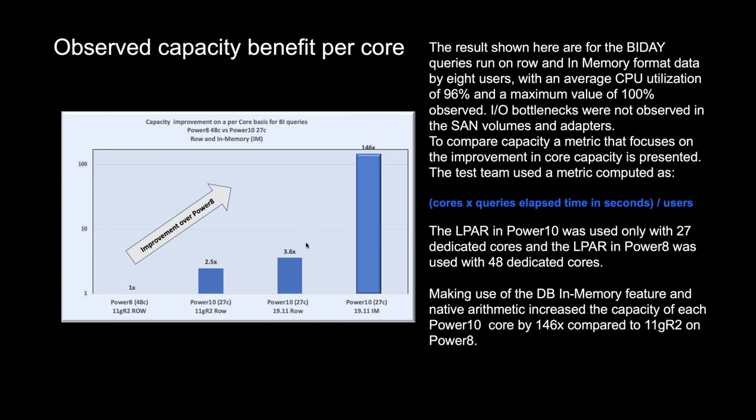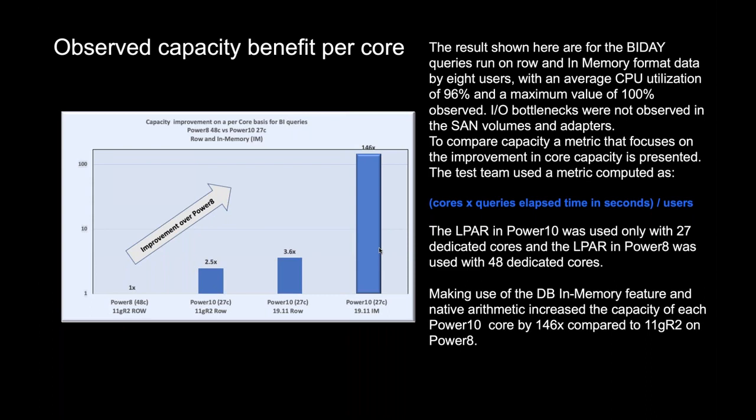And then finally, the very substantial benefit of moving to 19C was the ability to use the in-memory. So remember, when we get this increased capacity, you are really getting back the CPU capacity that would have been spent doing the row-oriented scans. You're getting all that back and saving it for other workloads.